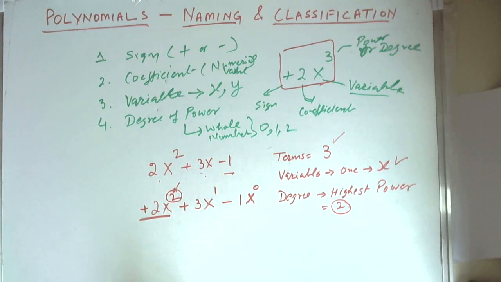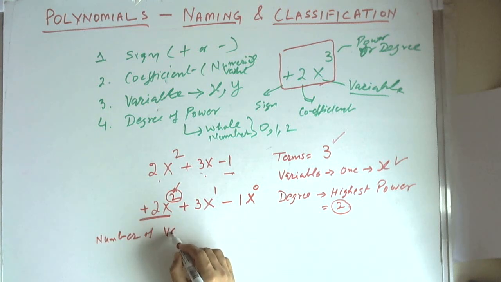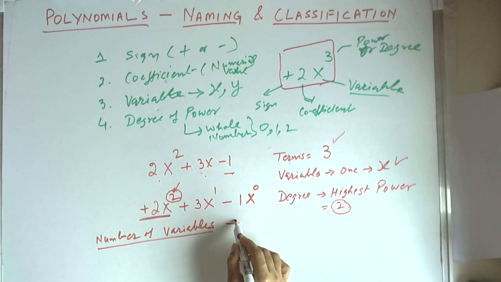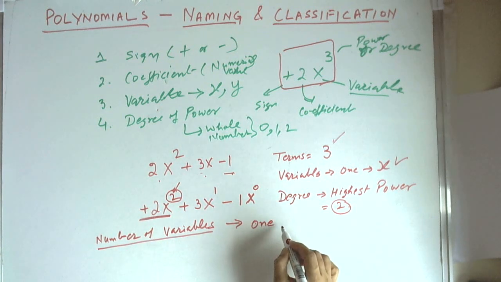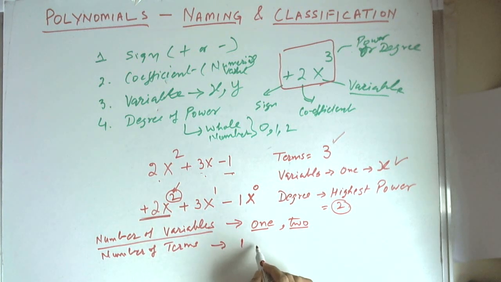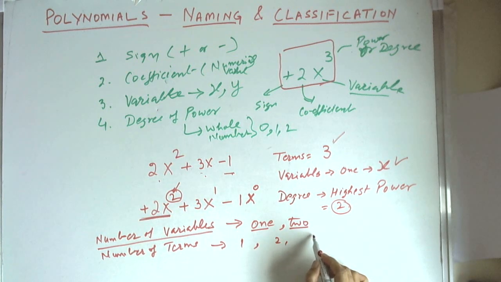So these are the three ways in which we classify. One is the number of variables, so if there is one variable, two variables, etc. And then the number of terms, if it is 1, 2, 3.